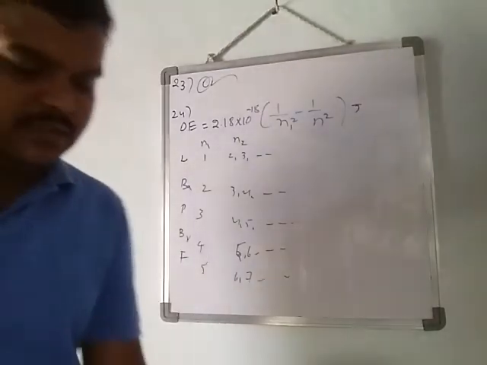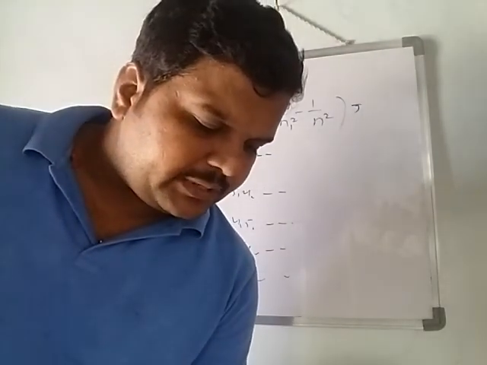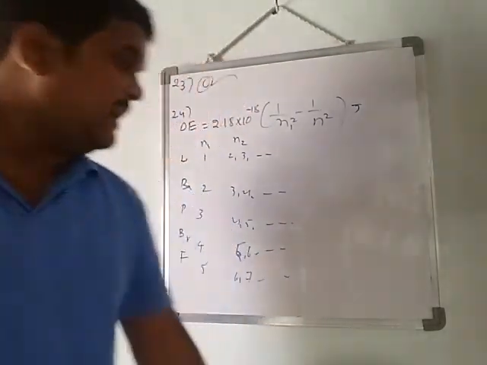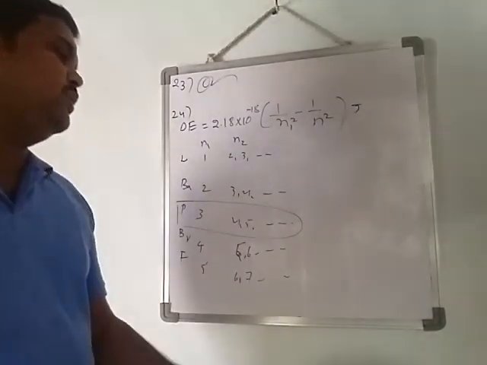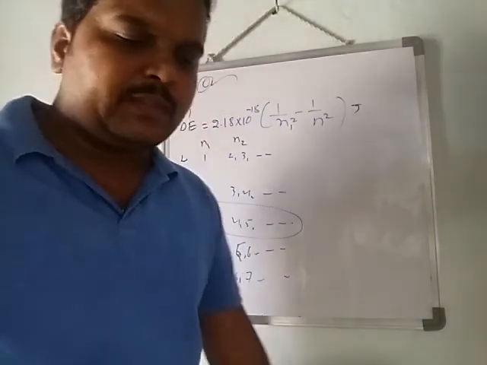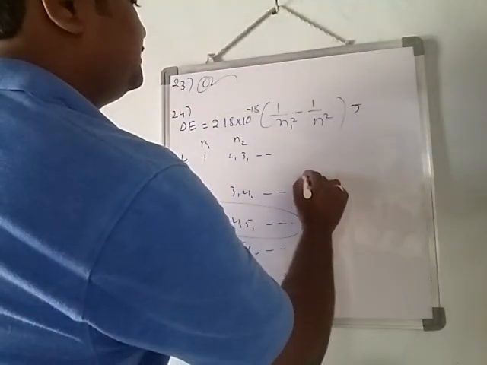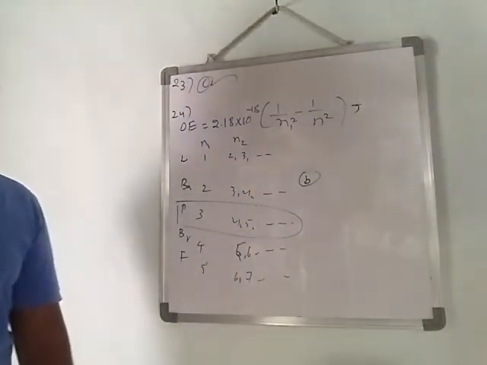Now he is asking for the spectral line corresponding to the Paschen series. So n1 is equal to 3, n2 is equal to 4, 5. So option B is correct.